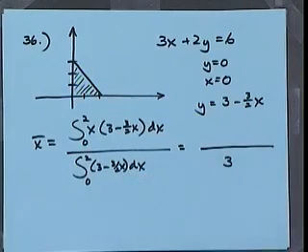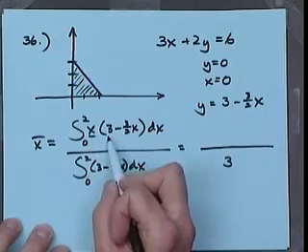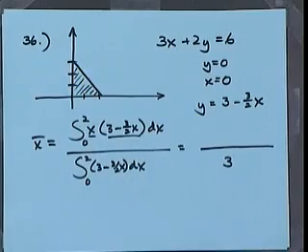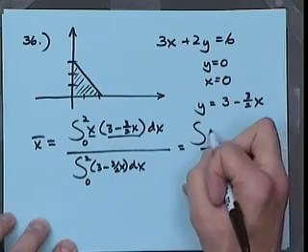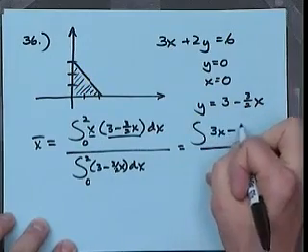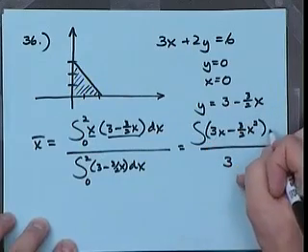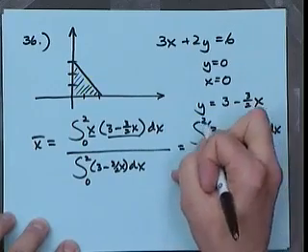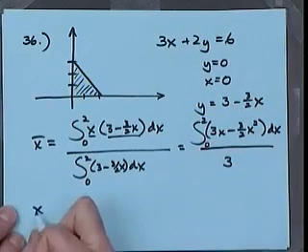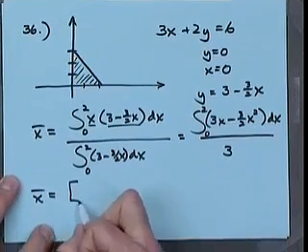How about an x right there? That would help. Now this time, because we've got x times this f of x, we can distribute the x through here. So we've got 3x minus 3/2 x squared. So if we integrate, what do we get?